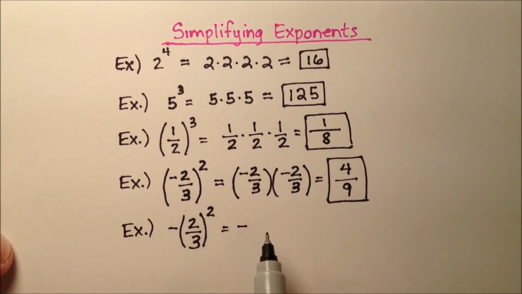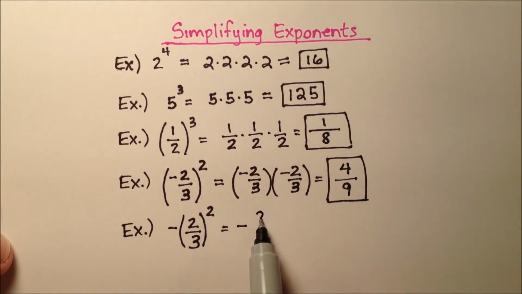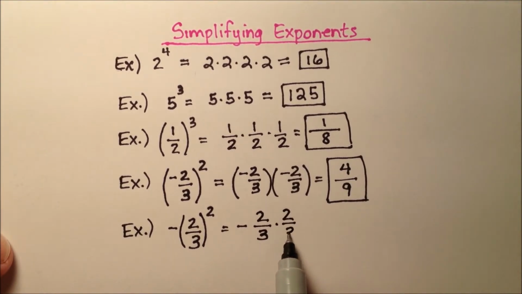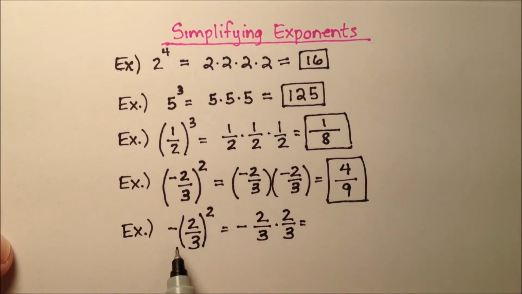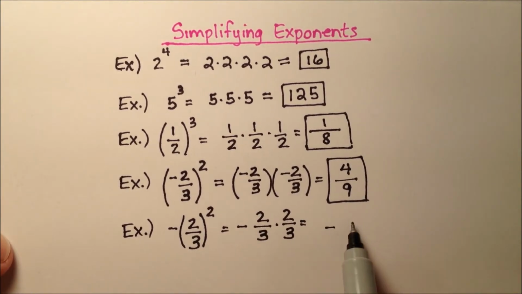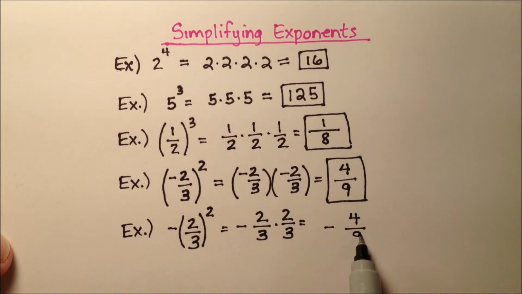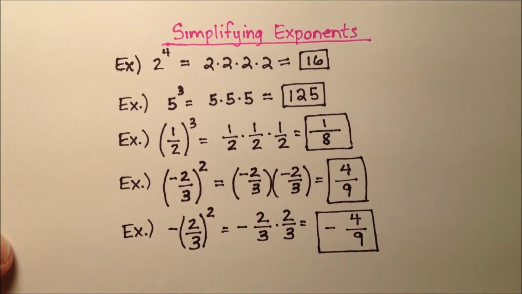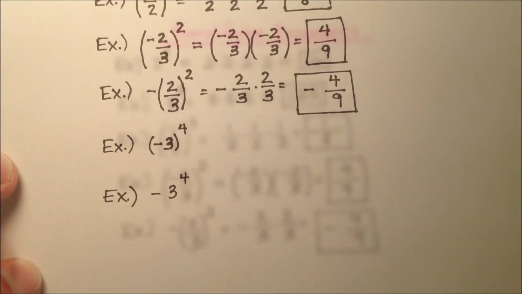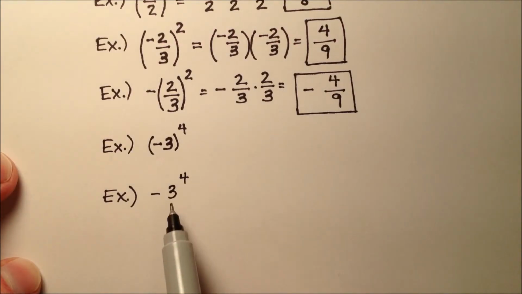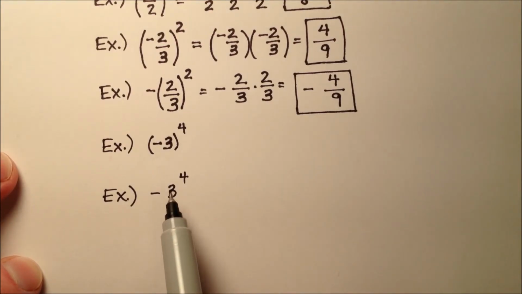So the negative is just going to come along for the ride, and it's the 2/3 that gets multiplied by itself. The negative has no business in there except for the fact that he just came along for the ride because he's there out front. So now we have a negative. 2 times 2 is 4, 3 times 3 is 9, a negative 4/9.